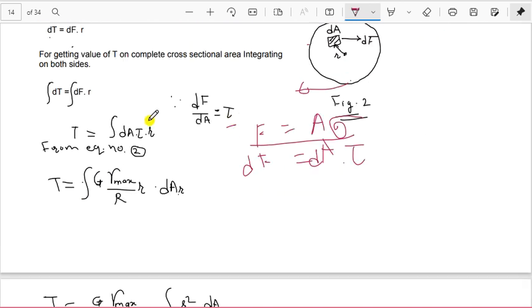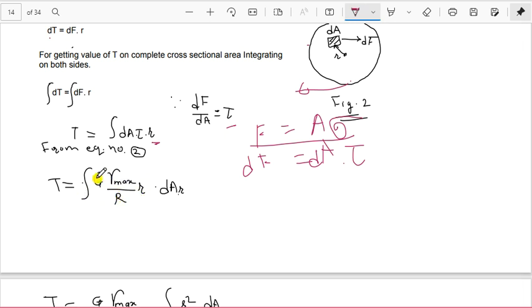Using this same relation, after taking integration, T is equal to integral dA into tau into r, r as it is. Then we will put the value for tau from equation number 2. We have already derived that tau is equal to capital G into R max upon capital R into small r.